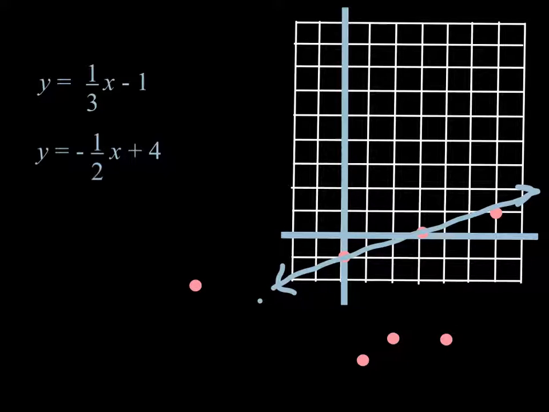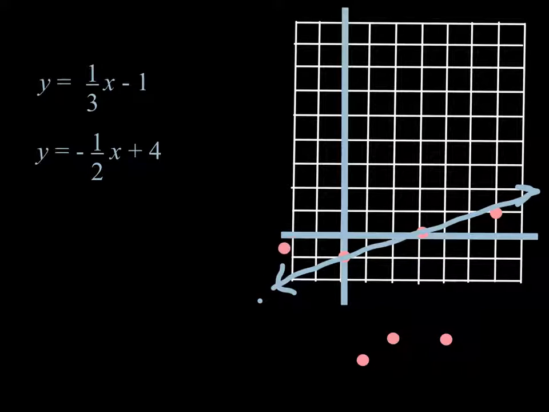All right, and now we go to graph the second equation. To graph the second equation, we work with the y-intercept of 4 and the slope of negative 1/2, which is a rise of negative 1 and a run of 2.